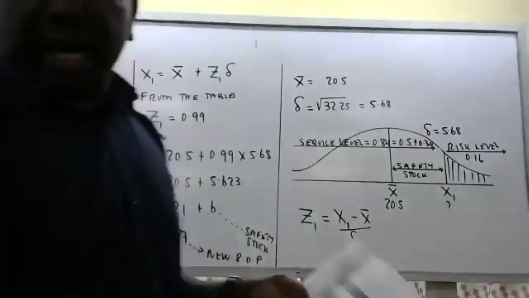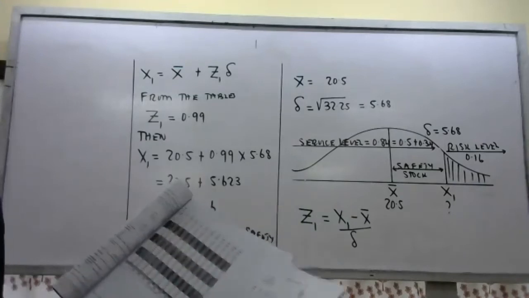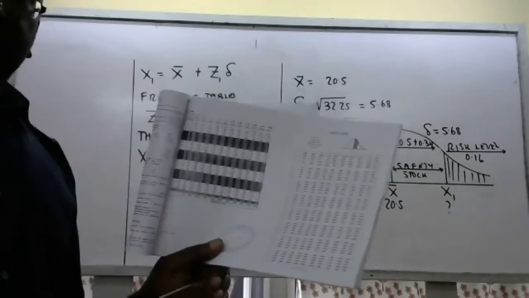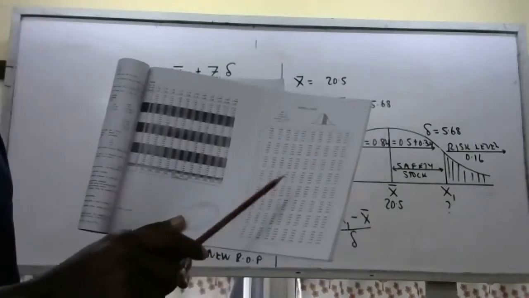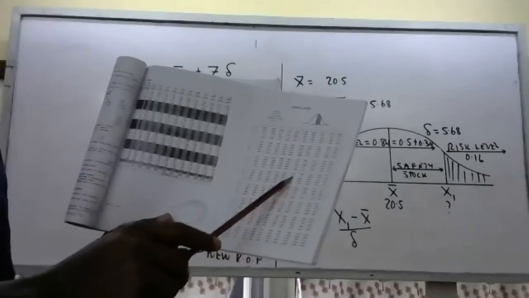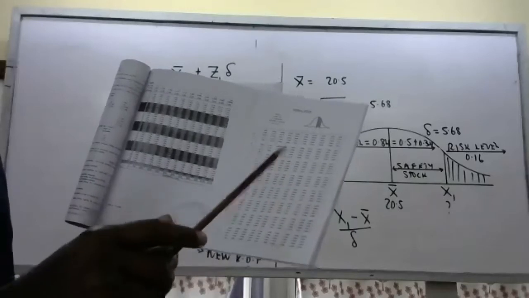Collins, you are saying you have not yet understood where we got it. I can see Anne is trying to assist you. I had said if your table looks like this one, with easy values to 4 decimals, you look for 0.34.